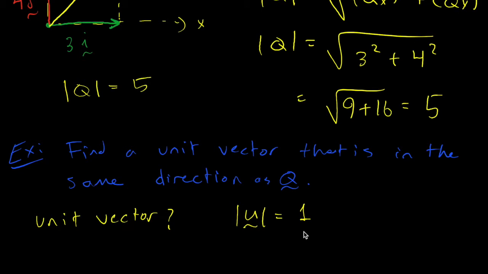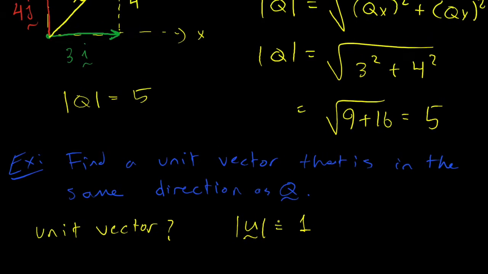As long as the magnitude is 1, it is a unit vector. So what we want in this question is a vector that is the same direction as q, just a magnitude 1. So let's see how we can do that.